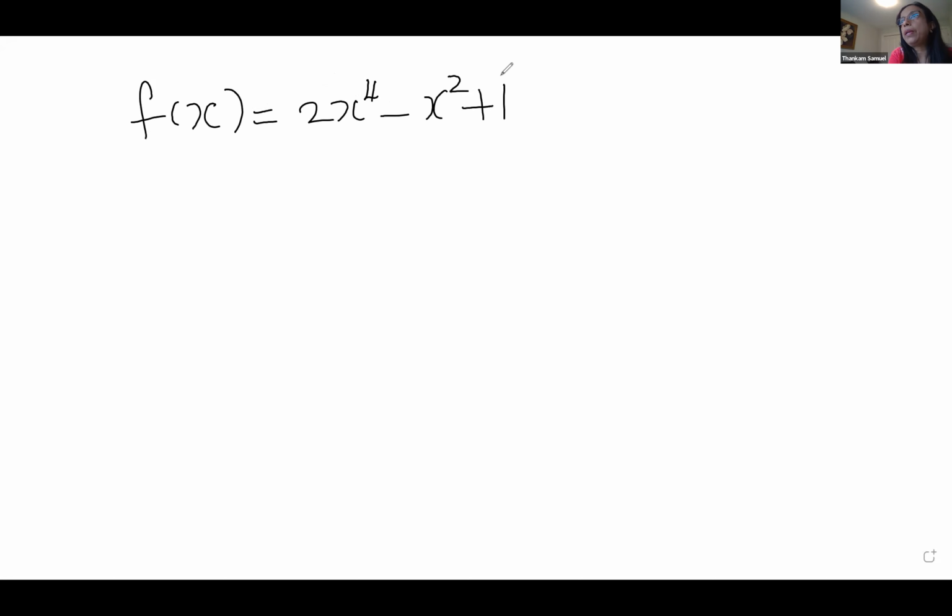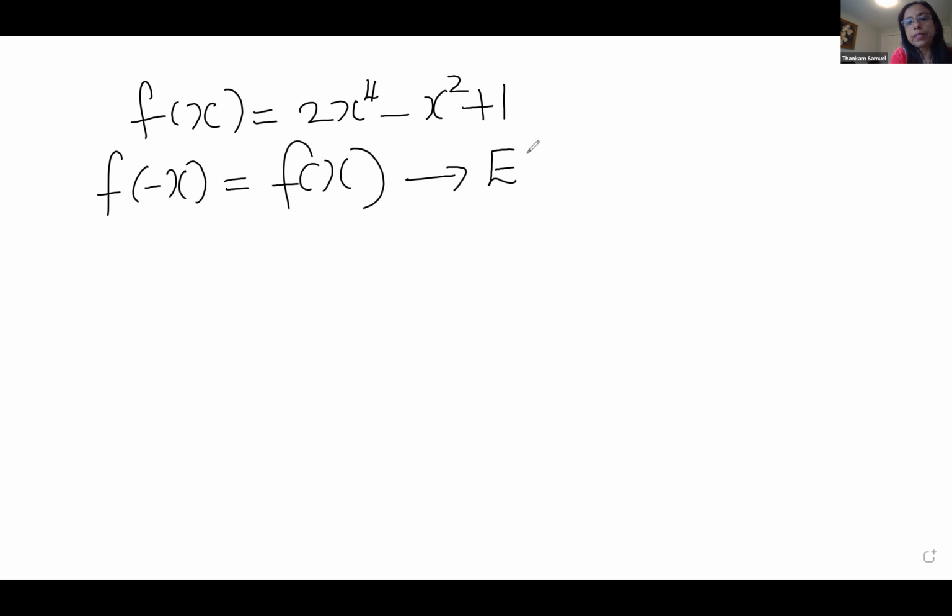We need to determine whether this function is even or odd or neither algebraically. So we have to use the definition f of negative x equals f of x. So if f of negative x equals f of x, then the function is an even function.